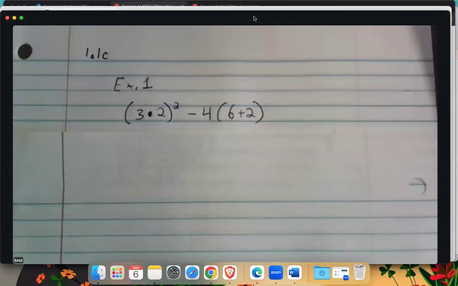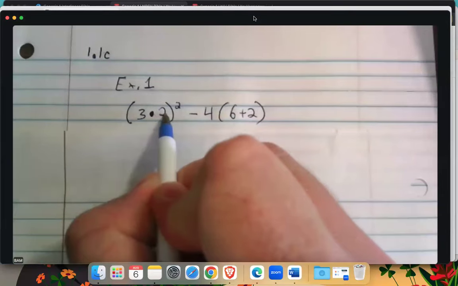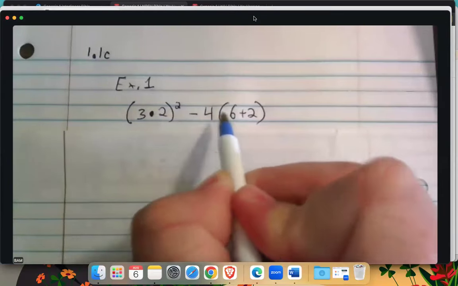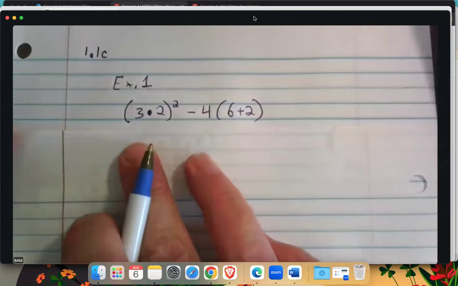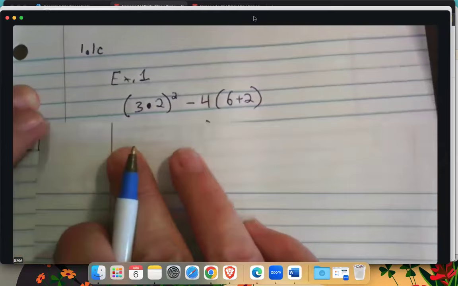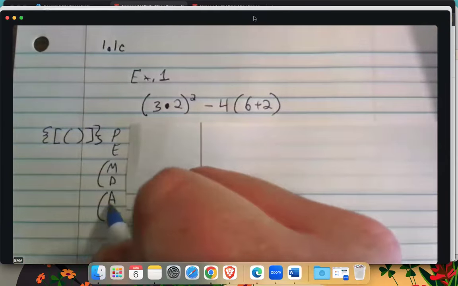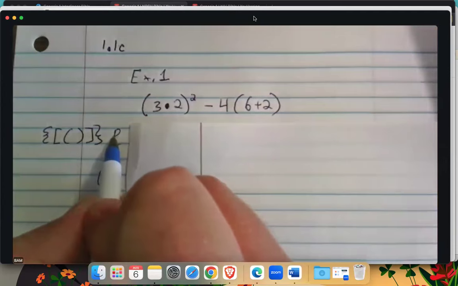Example 1 from 1C says 3 times the quantity 2 squared minus 4 times the quantity 6 plus 2. So when we're new at this, or just trying to remember it, we can write down PEMDAS: Please excuse my dear Aunt Sally. And parentheses really mean more than parentheses.